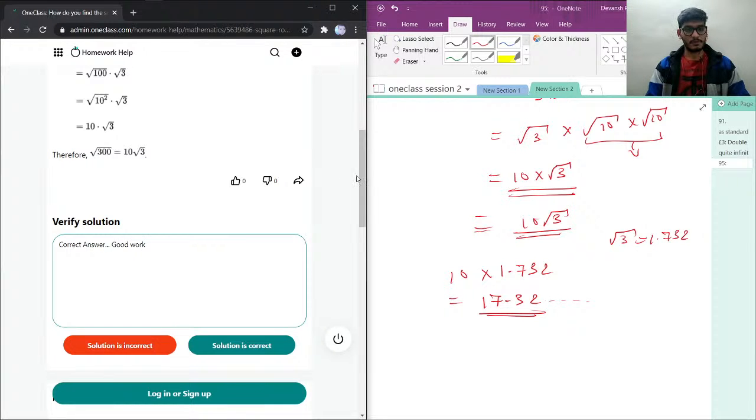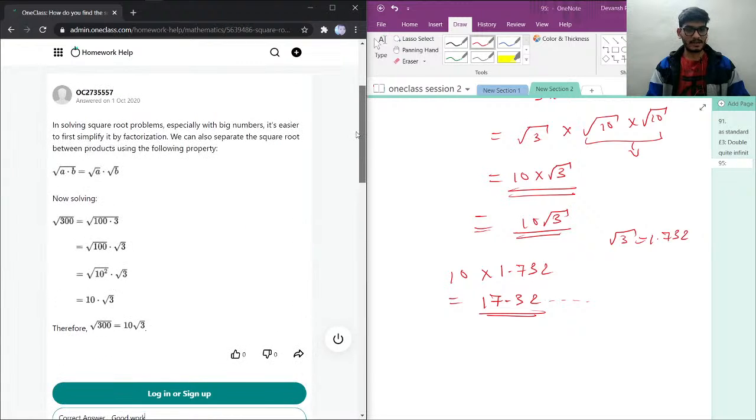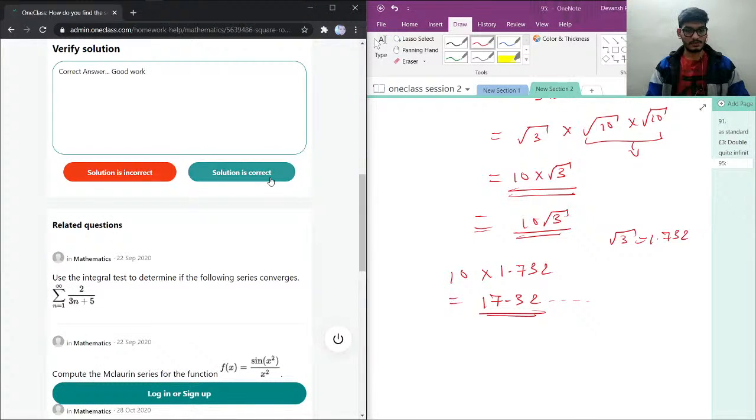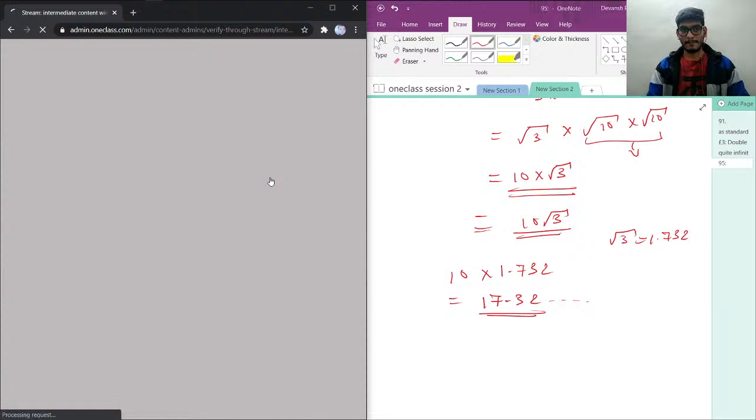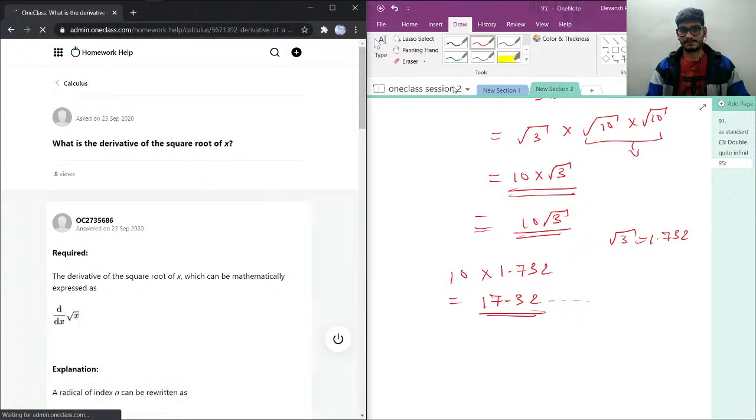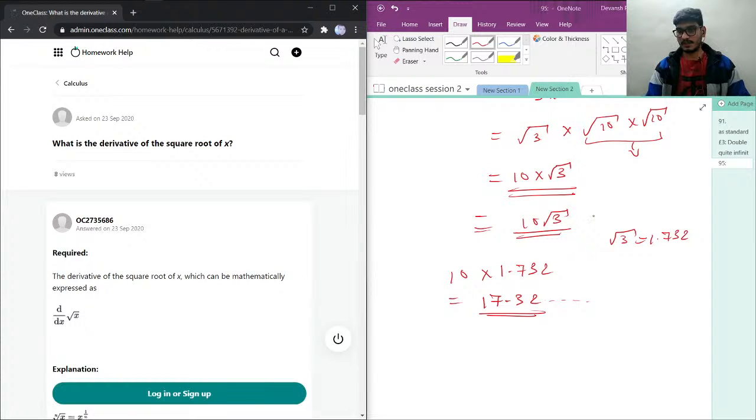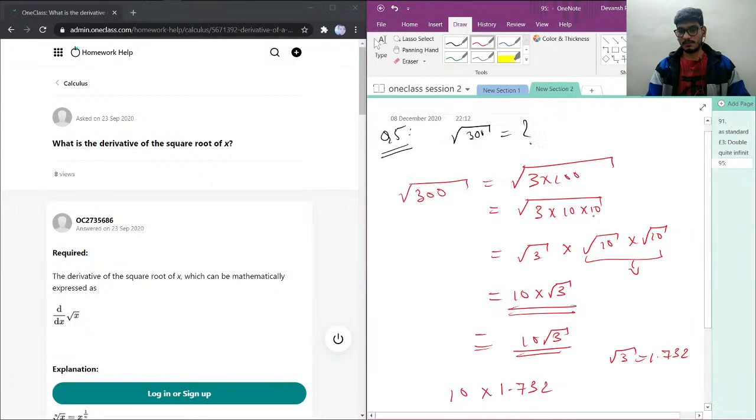So the solution given by Junior Tutor is correct here. This was question number 5.